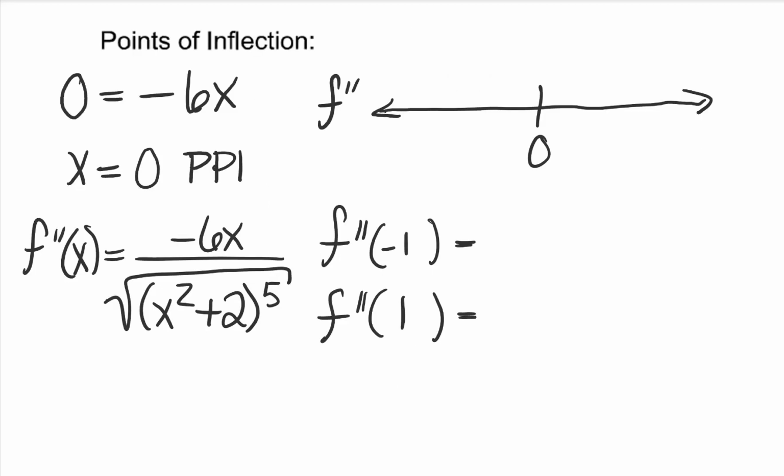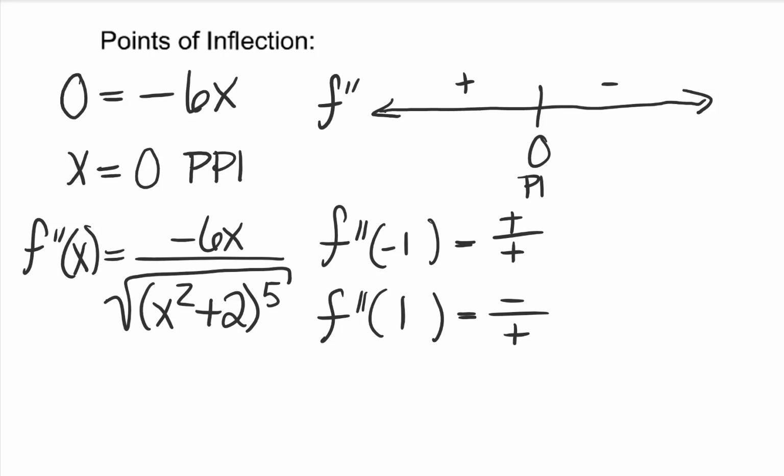When I plug in negative 1 and 1 to the second derivative to get this sign here, remember the denominator is always going to be positive, so here our numerator is positive and the denominator is positive, and then here our numerator is negative and our denominator is positive. So we do have a point of inflection at 0.